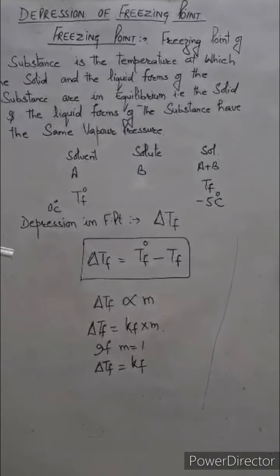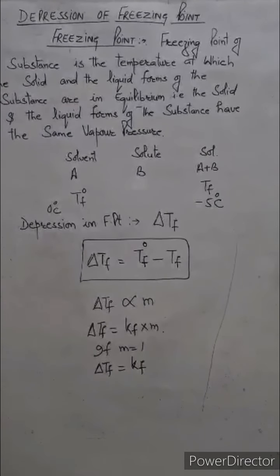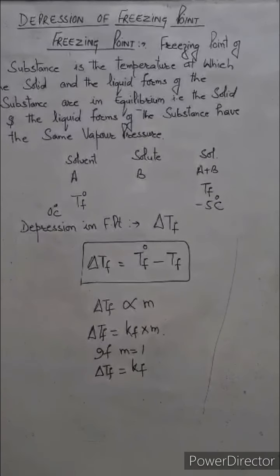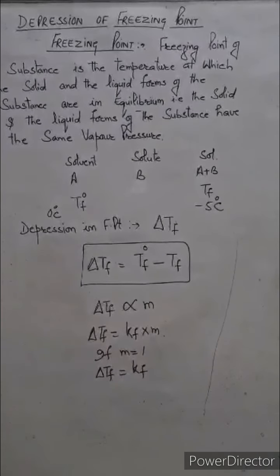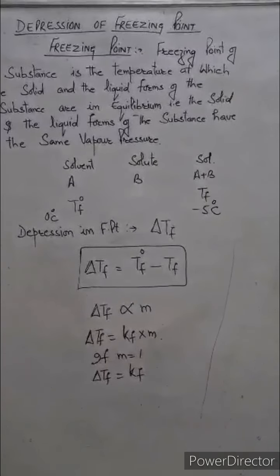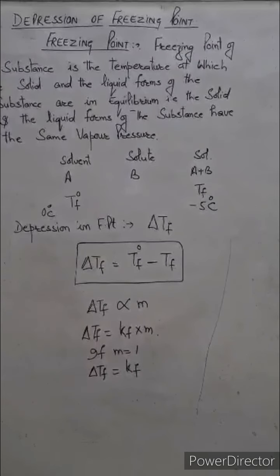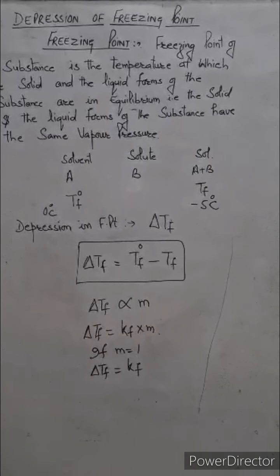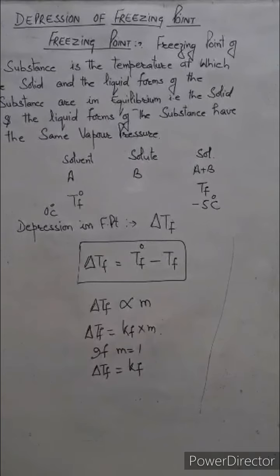And delta TF is equal to T naught F minus TF, that is freezing point, 0 minus -5. That is what we will calculate as depression in freezing point, because 0 is larger than -5 in temperature. And where there is snow, the weather is very cold, so freezing takes quite a lot of time.